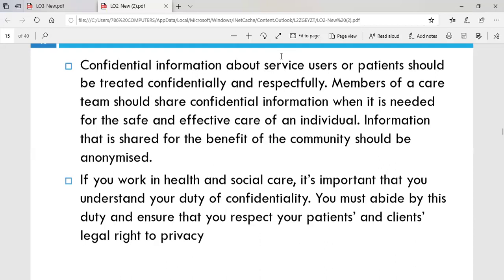So it's obviously your line manager, whoever is higher up, they need to know everything that is happening, because they're at a level of understanding of what has to be done and what should be done. And you have to work in the full interest of that patient. So to what extent do you go on to share that information?